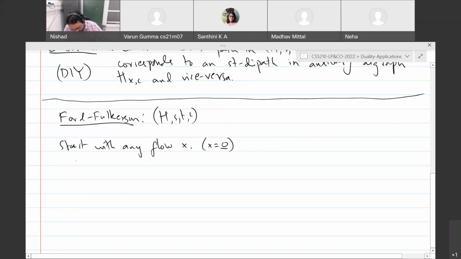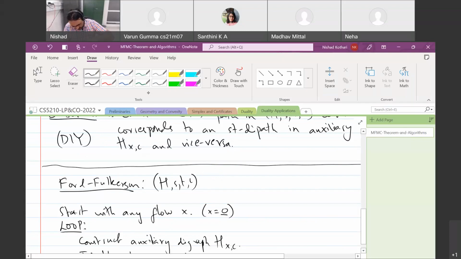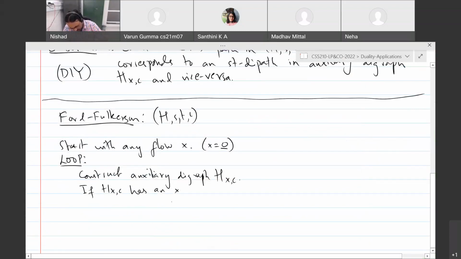Construct the auxiliary digraph H_{x,c}. If H_{x,c} has an s-t dipath, let Q denote the corresponding x-incrementing s-t path in the given instance.